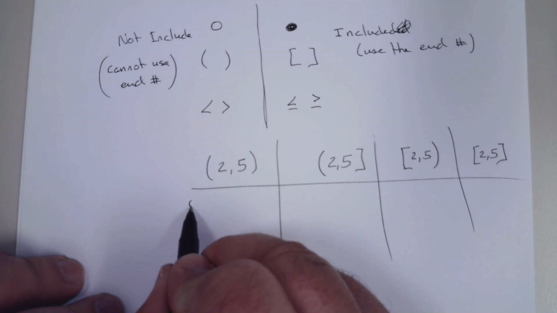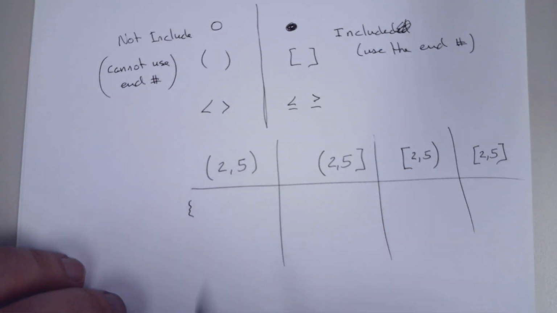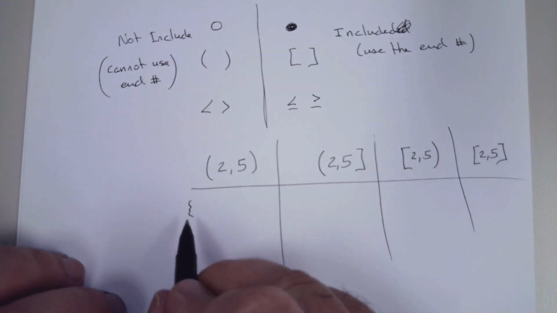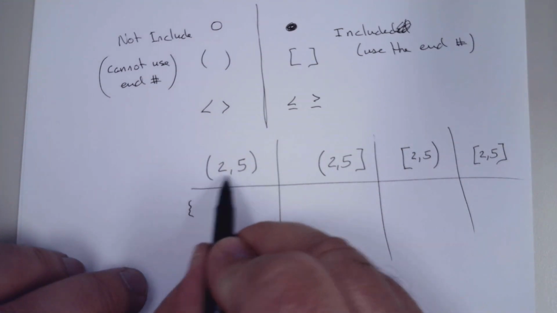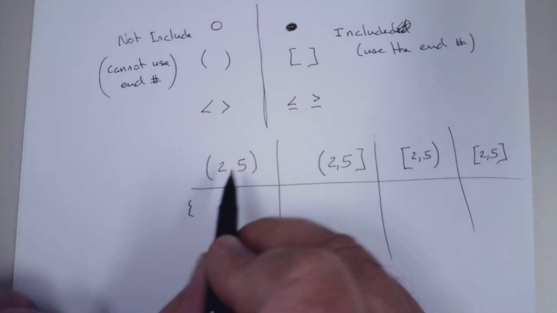Since we're dealing with sets of numbers, that's where we use little squiggly lines. What is the answer here? We're going to talk about integers.